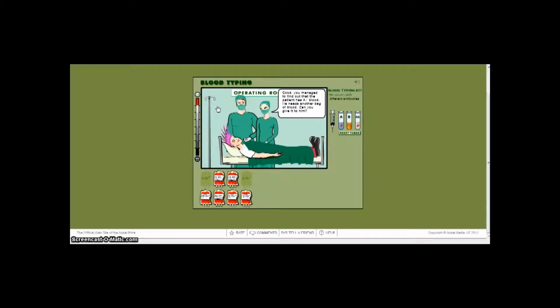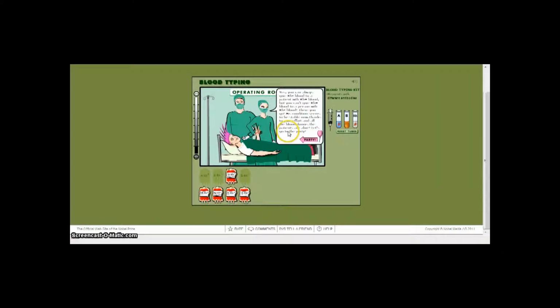So that works. He can also receive A Rh negative blood. And it gives me a little information here about why my response was correct. And then I can click on Party, which is the end of the game.